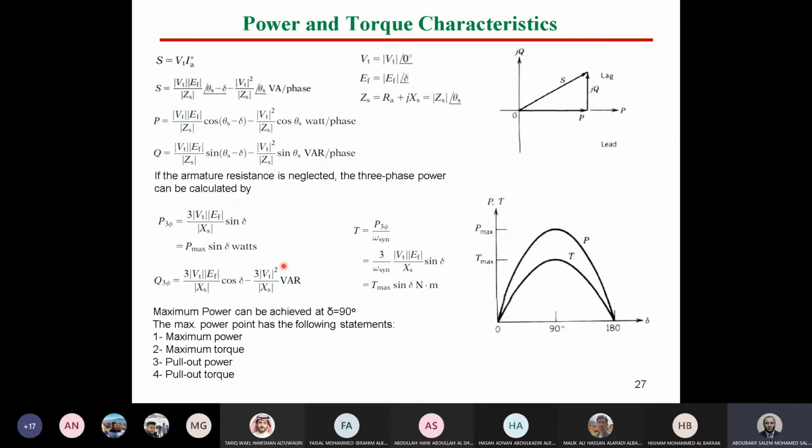If we would like to calculate the torque, torque equals power over speed. So the three-phase power over the synchronous speed: 3 V terminal EF over XS omega multiplied by sine delta, or T maximum sine delta. So we now have two or three relations, and these are the most used.